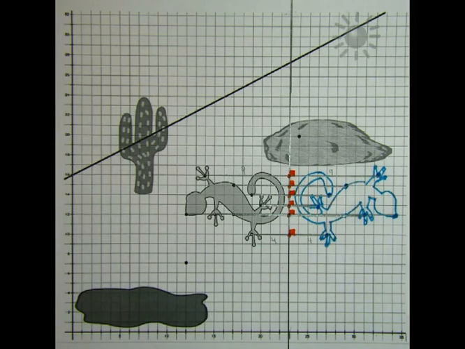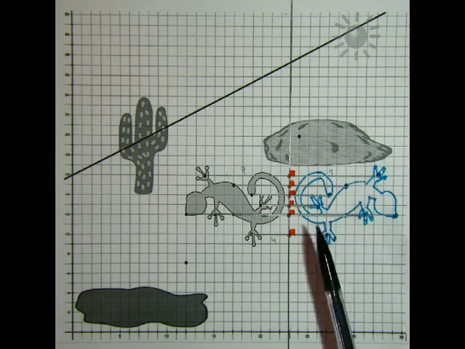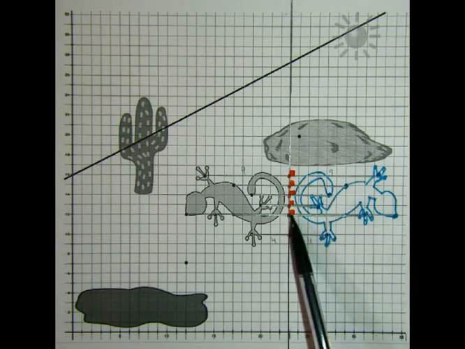Additionally, we can see that the line of reflection and the segments connecting the pre-image to the image are perpendicular. The line of reflection was a vertical line, and the segment connecting the pre-image to the image is horizontal. We could also verify this right angle by finding the slopes of the line of reflection and the segment connecting the pre-image to the image, or we could create a right triangle and use the Pythagorean theorem.